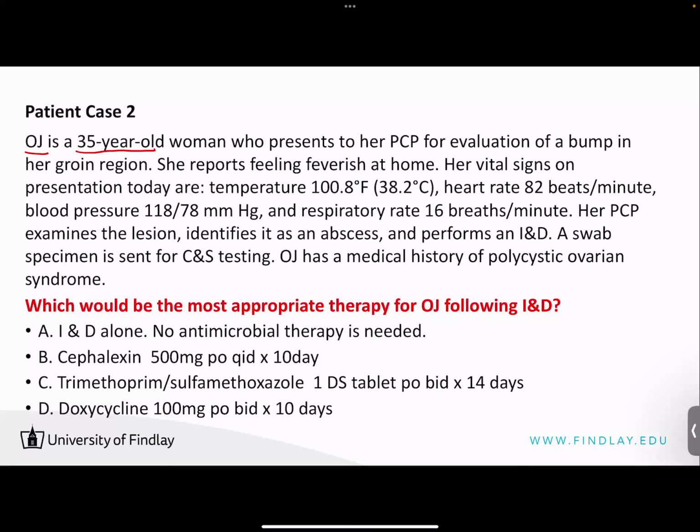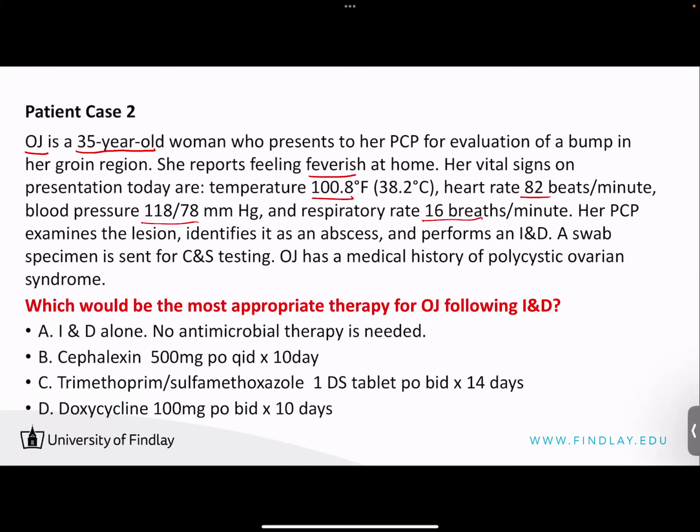She is not 35, but she is a woman who presents to her PCP for evaluation of a bump in her groin region. She reports feeling feverish at home. Okay, that's interesting. Her vital signs on presentation at the PCP's office suggest a temperature of 100.8, heart rate of 82. There's her blood pressure, and then there is her respiratory rate.